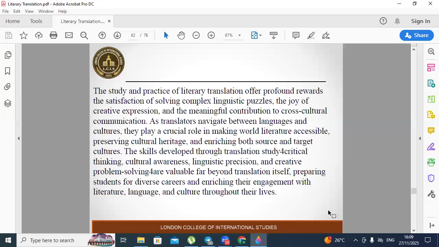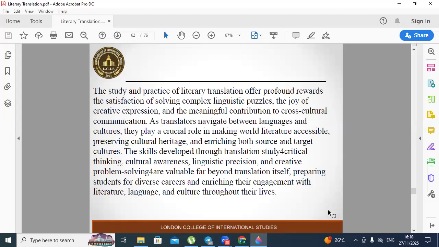The skills developed through translation study, critical thinking, cultural awareness, linguistic precision, and creative problem solving, are valuable far beyond translation itself, preparing students for diverse careers and enriching their engagement with literature, language, and culture throughout their lives.